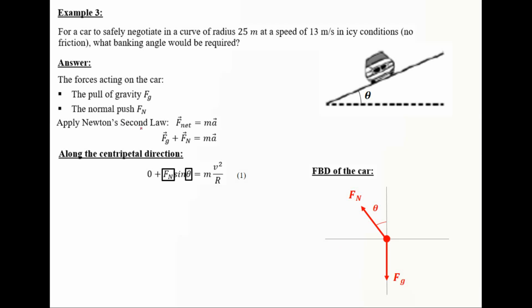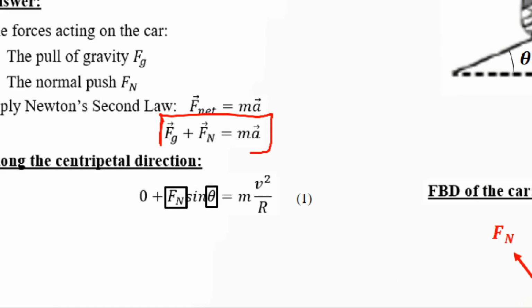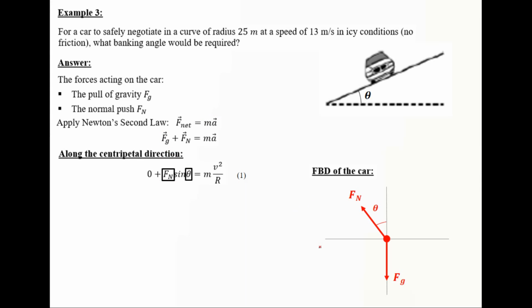Now remember that this is a vector equation. It gives birth to two linear equations, one along the centripetal direction, which is the horizontal, and one along the vertical. Along the vertical, we have Fn cosine theta equals Fg, so Fn cosine theta equals mg, which is equation 2.